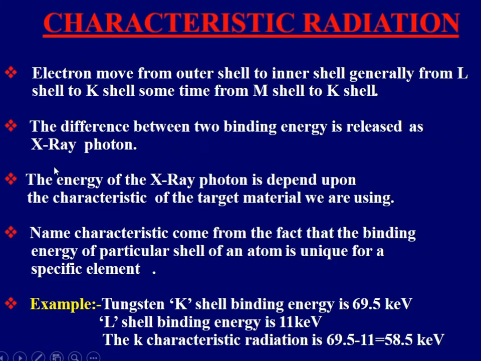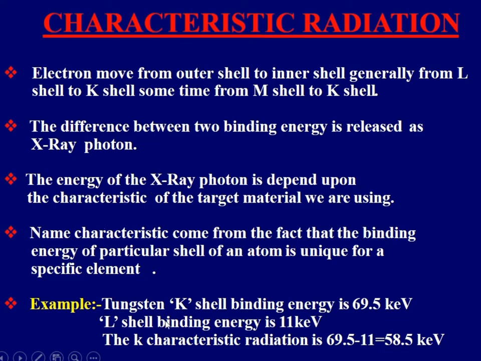This photon is an X-ray photon. The energy of this X-ray photon depends upon the characteristics of the target material we are using, because how much energy the orbital electron possesses depends upon the property of the target material.